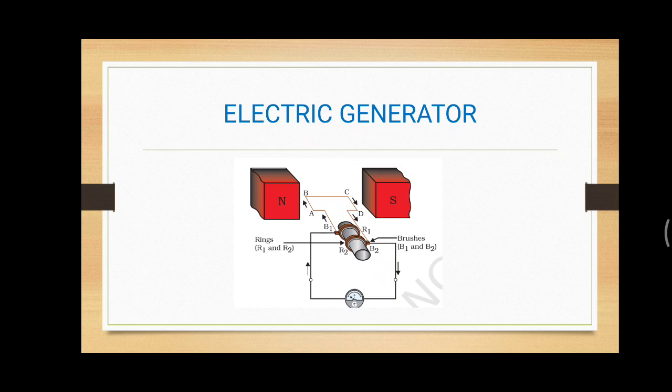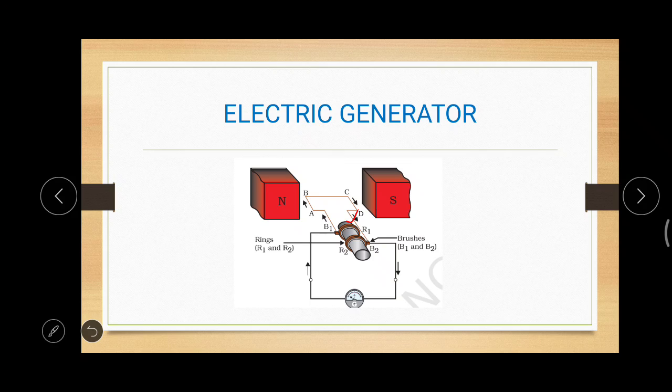So instead of the split ring commutator, we are using slip ring commutators. That means the ring R1, the first ring, will be always in contact with the end A. The loop end A will be always in contact with R1, and hence the brush B1.